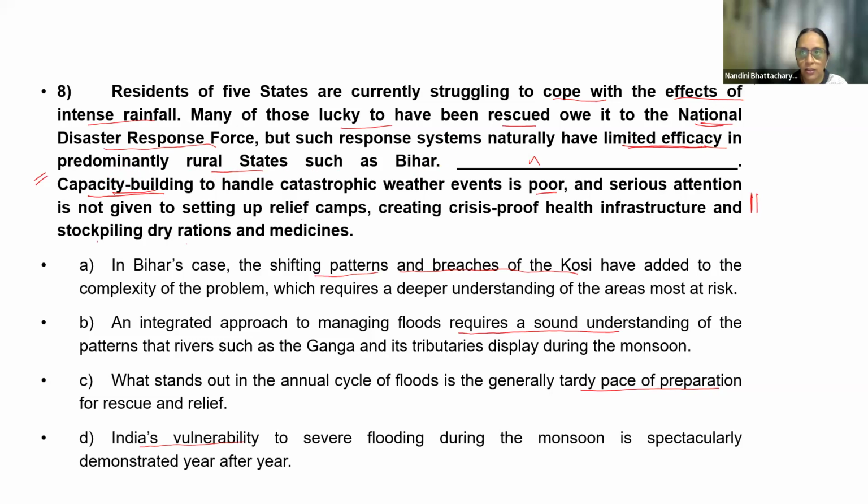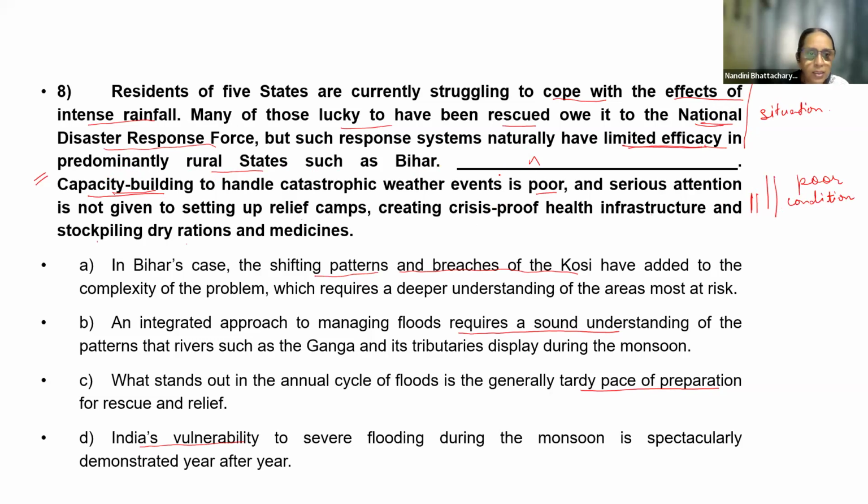So this talks about the situation. And the second part talks about the poor condition of handling the situation. These are the two things that we have. Now we need something that connects the two.